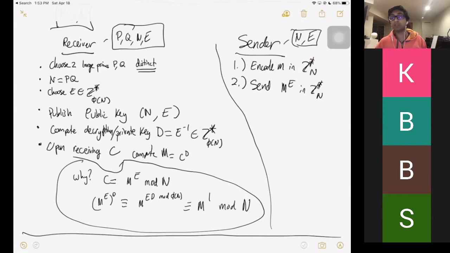Can somebody tell me what would go wrong if P and Q were not distinct primes? This is kind of a hard question, I would say. Yeah, if P is equal to Q, what would go wrong if n equals P squared, essentially?